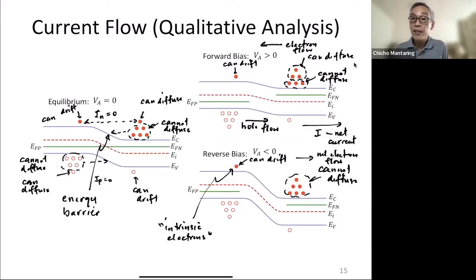Okay, and your intrinsic concentration is very small, and therefore the current that will flow will be very, very small. No? So this electron is going to travel to the right, so your current is going to go to the left, and it is going to be very, very small. In fact, we call this your reverse saturation current. That is your current due to intrinsic electrons.